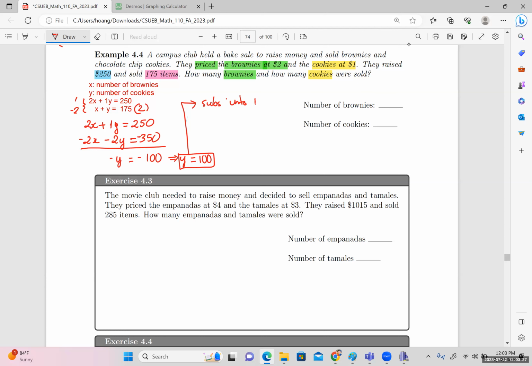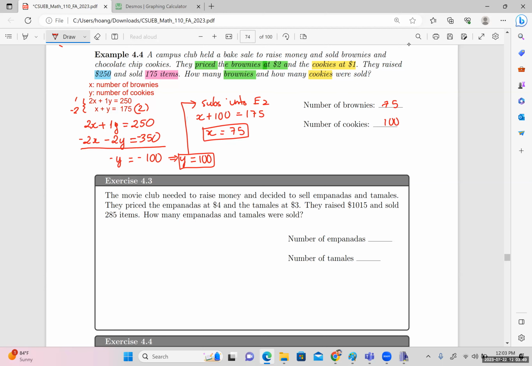Right? Into equation 2, we have x plus 100 equal to 175, which means x will be equal to 75. So the number of brownies will be 75 and cookies will be 100.